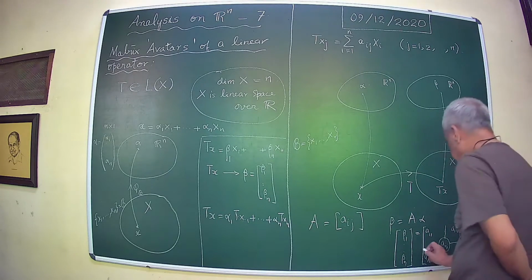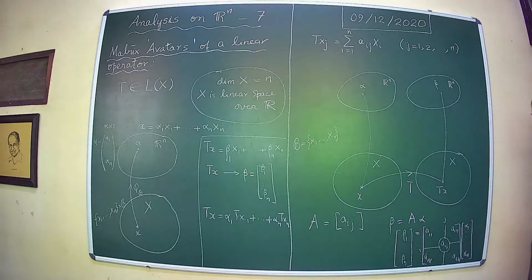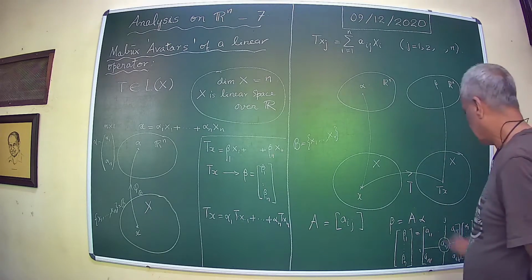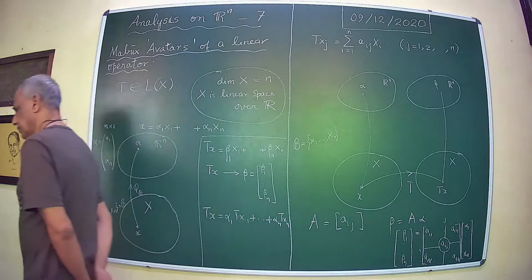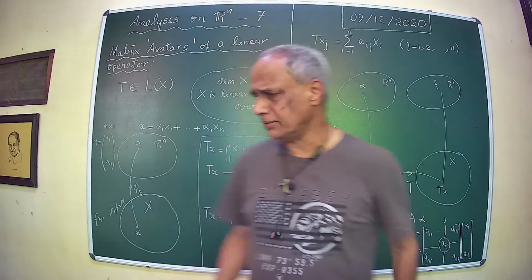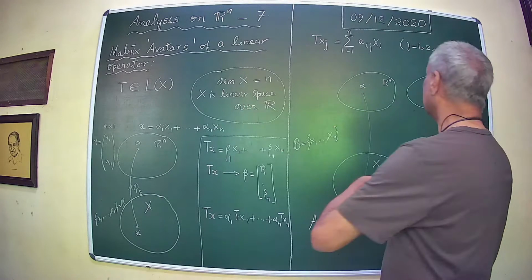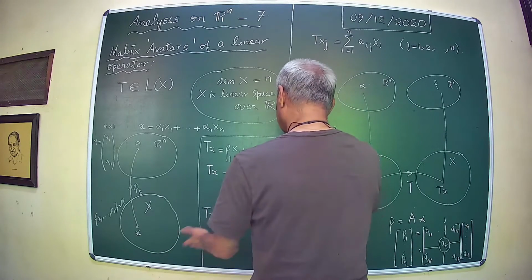This is actually the ith row. So this is the matrix representation that you obtain. This we have discussed in the more general scenarios. You work it out. So this is exactly just putting this inside this and then comparing.